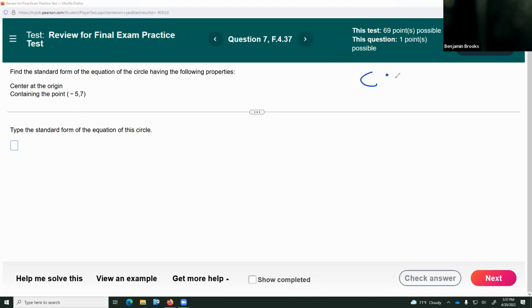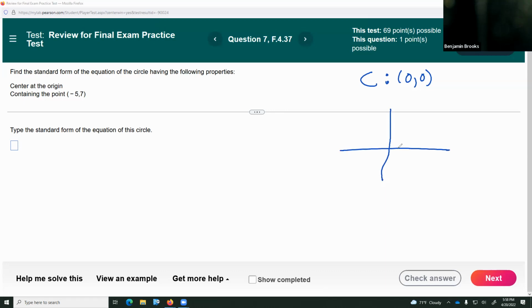That means your center is at what point? 0, 0. Now it contains the point, so that means that your circle will actually have the point -5, 7 on it.